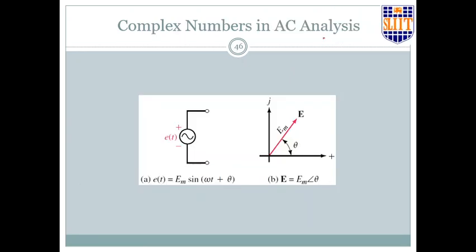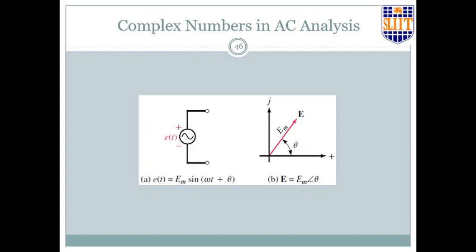Right, now complex numbers used in AC analysis. Okay, e(t) is equal to Em sine omega t plus theta, given that there is a phase angle as well, so it can be represented as Em angle theta. So this is the phasor that represents the voltage source.